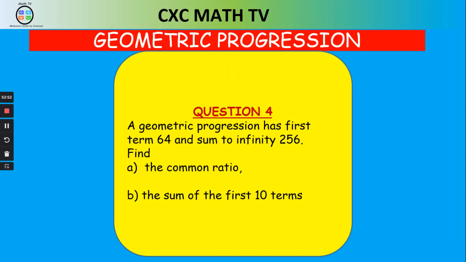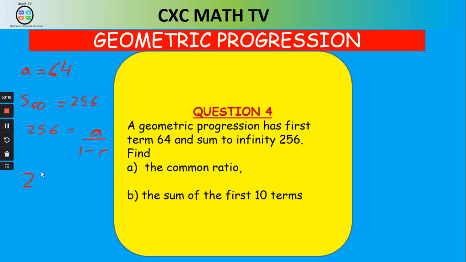Another one. Pause the video and do this one for me, please. Now to do this question, they say what? They say the first term is 64 and the sum to infinity is 256. Find the common ratio. First thing, sum to infinity is a over 1 minus r, and we're trying to find the common ratio.